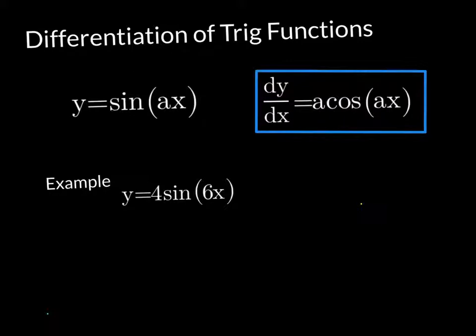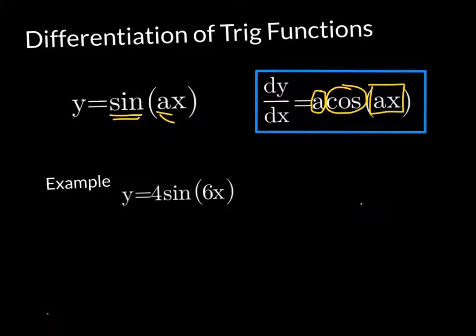So essentially what happens is that the multiplier a comes out the front as a multiplier, and then this sine function becomes a cosine function. And the thing within the sine function just stays the same. The thing inside the bracket stays the same. So let's look at an example.